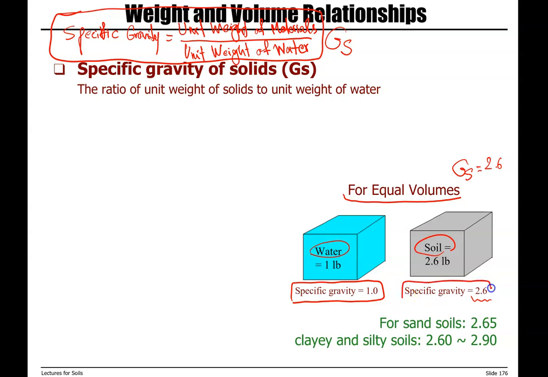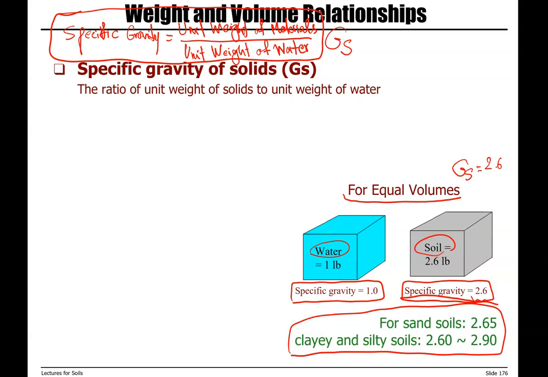Then we calculate the specific gravity of soil and we have 2.6. What does it mean? It means that if we have the same volume of soil and water, the weight of that soil sample is 2.6 times weight of water. The specific gravity of sandy soil is usually around 2.65, and for clay and silt, it can be anything between 2.60 to 2.90.